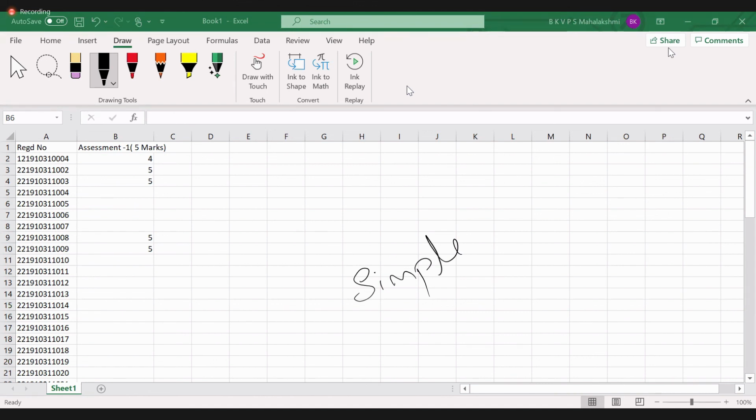Like class, age, like that, ma'am. Age, roll number, all the different sections.